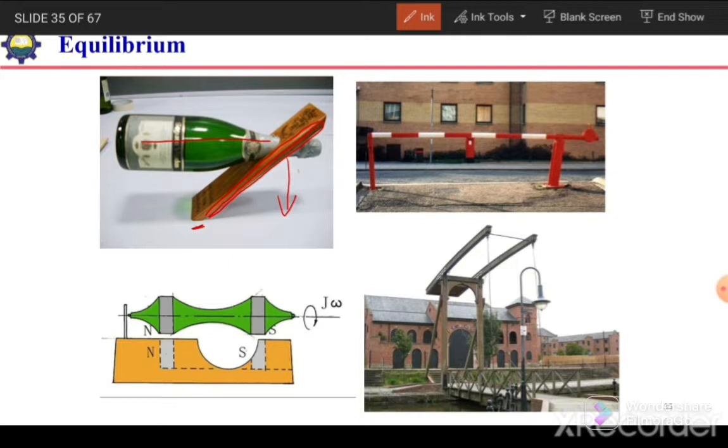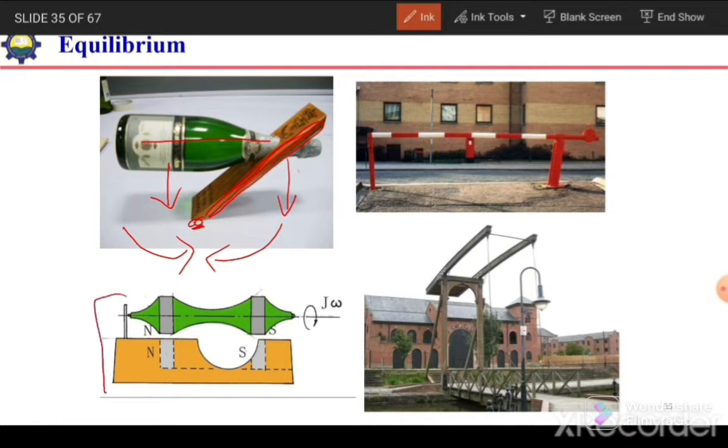The stability is because the moment because of the weight of this bottle as well as the moment because of the weight of this wooden sheet about this point is 0. So the moment in this direction as well as the moment in this direction are both equal. So this bottle will not fall down, it will not rotate. So this is in a state of equilibrium.